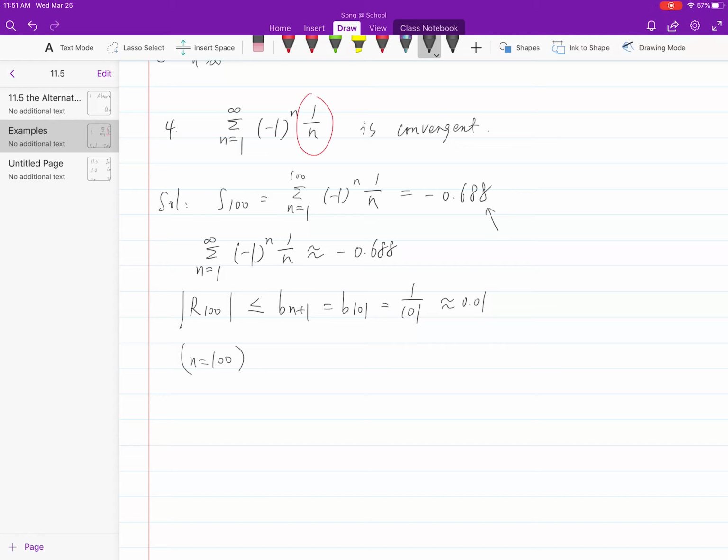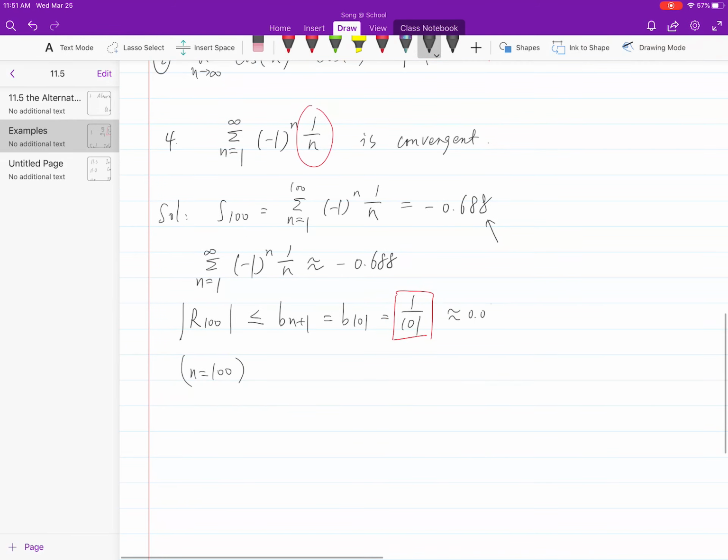So if you take 100 terms, you got this number, your error estimate will be roughly, actually, let me circle this down. Will be this, which is roughly 0.01. That means, yes, you're off from the real number, but the real number will be roughly 0.698 or roughly 0.678. Okay, no beyond, no before. So that is a pretty good estimate.